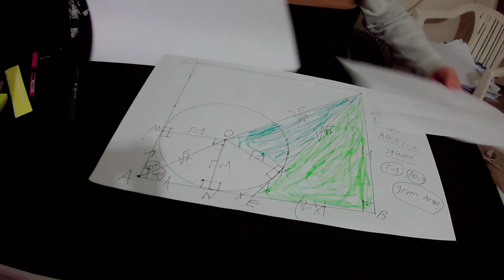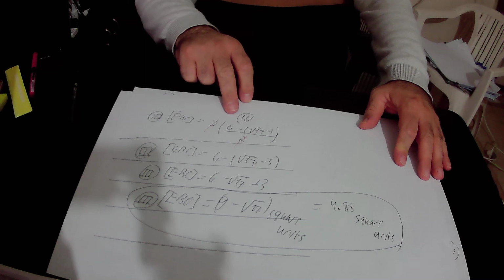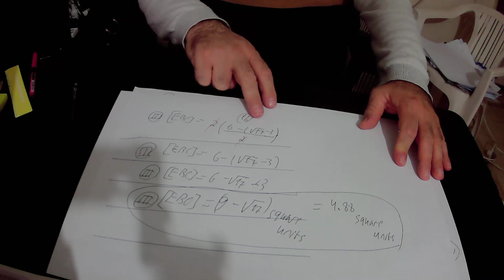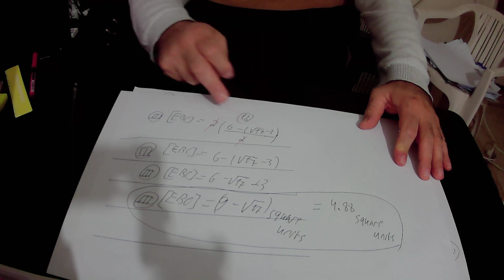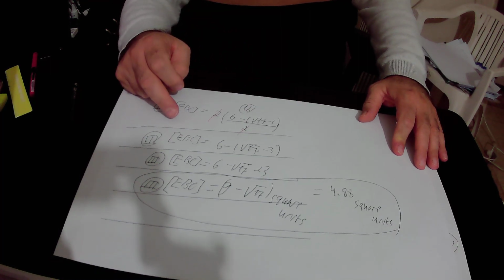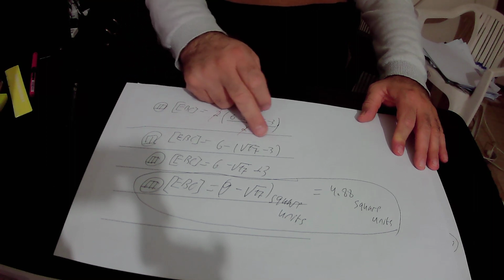And in conclusion, we got that the area of the green triangle EBC equals 2 times (6 minus (square root of 17 minus 3)) over 2. 2 over 2 is 1, so 2 will get cancelled, and we found that the area of the green triangle EBC equals 6 minus (square root of 17 minus 3).